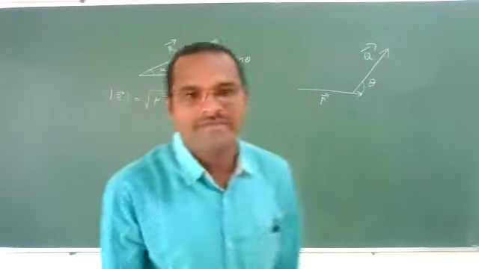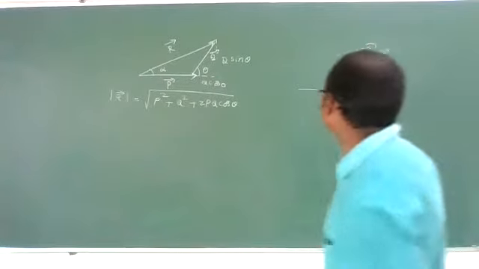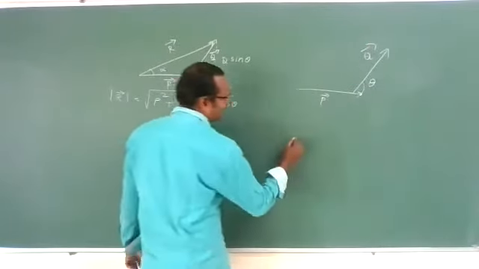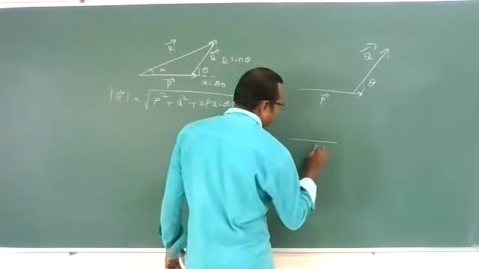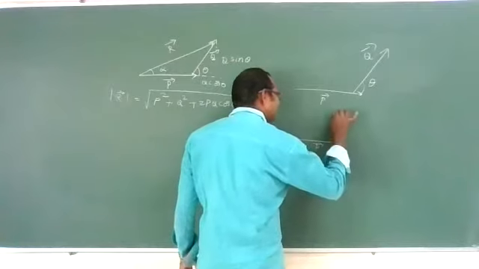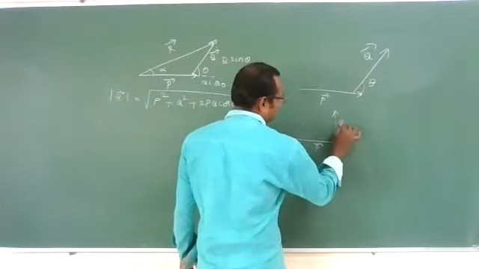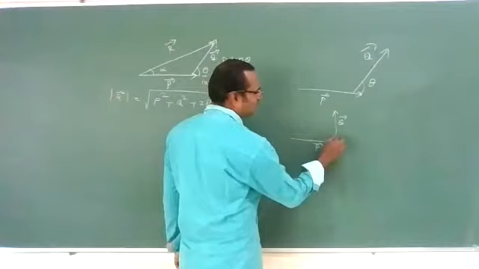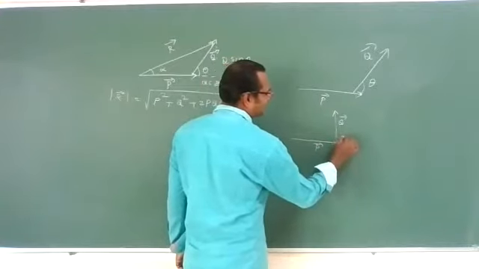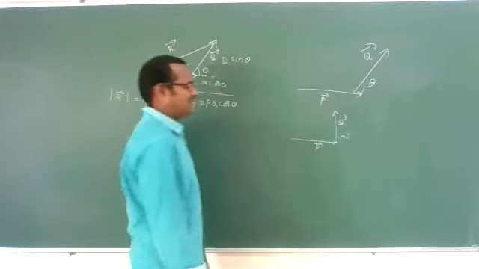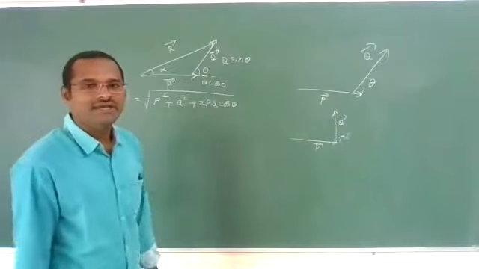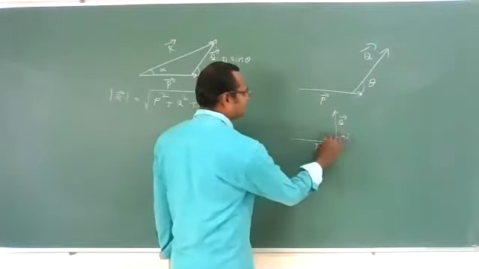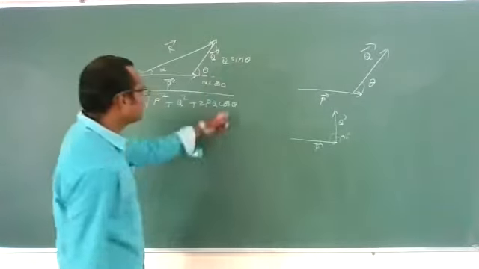So by adding, let us imagine two vectors, one is like this, another one is exactly like this. Now what is the angle between these two? The angle between these two is 90 degrees. Substitute 90 here.